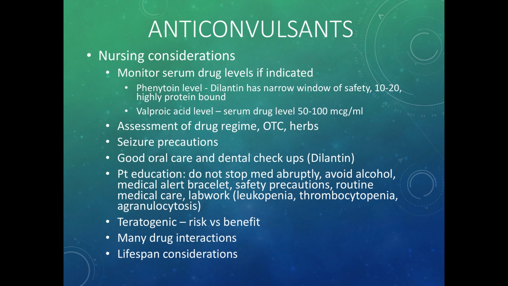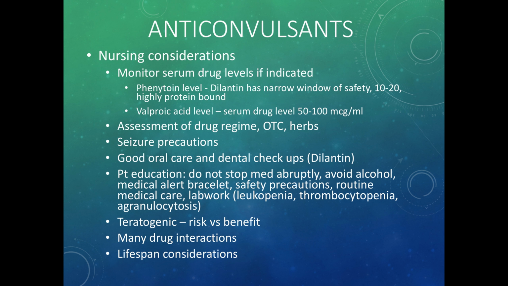Some of the nursing considerations then. Here are, of course, monitoring the serum blood levels for those that are measurable in the blood, and you can see it's the valproic acid and the phenytoin or the Dilantin. So Dilantin and valproic acid both have low margins of safety, so they have a narrow therapeutic index. They both require periodic serum drug levels.